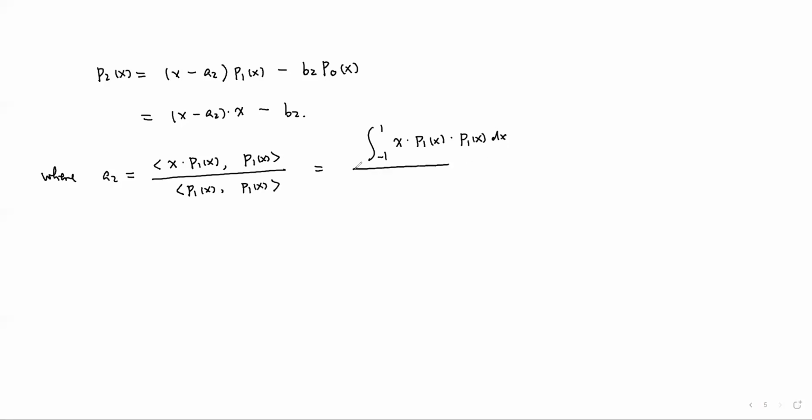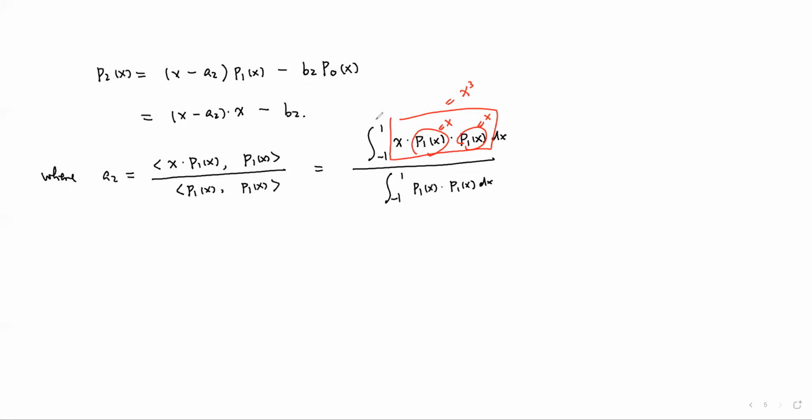So the bottom is the integral of P1 times P1, which is x squared. The top product is x to the third, an odd function.